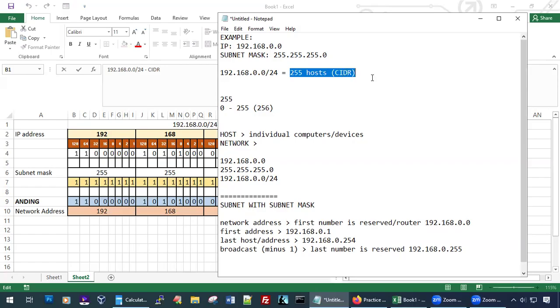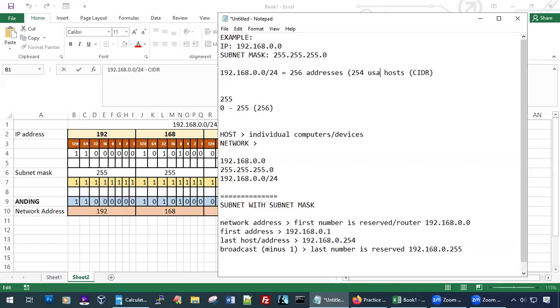You know that you have a complete set of hosts, I mean, you have 256 addresses in total, but the usable hosts are going to be 254.